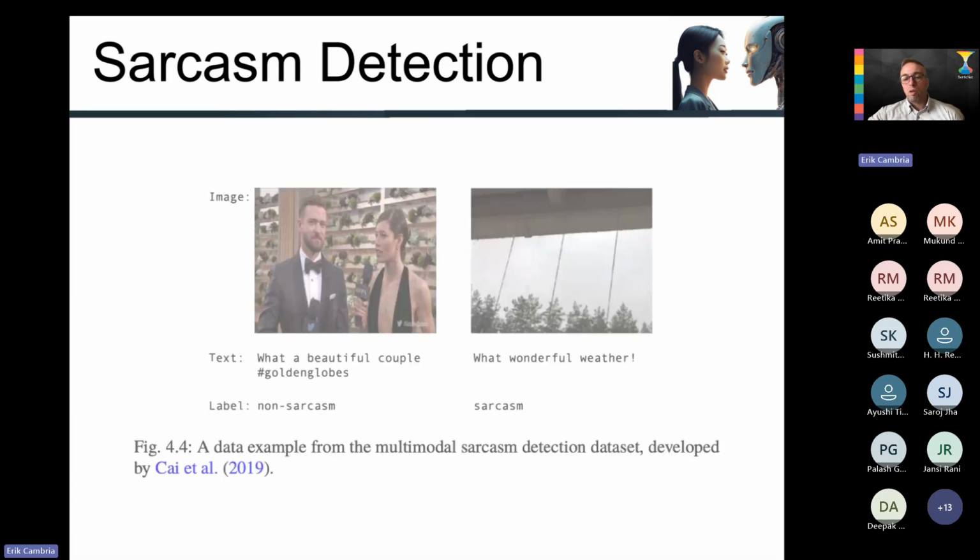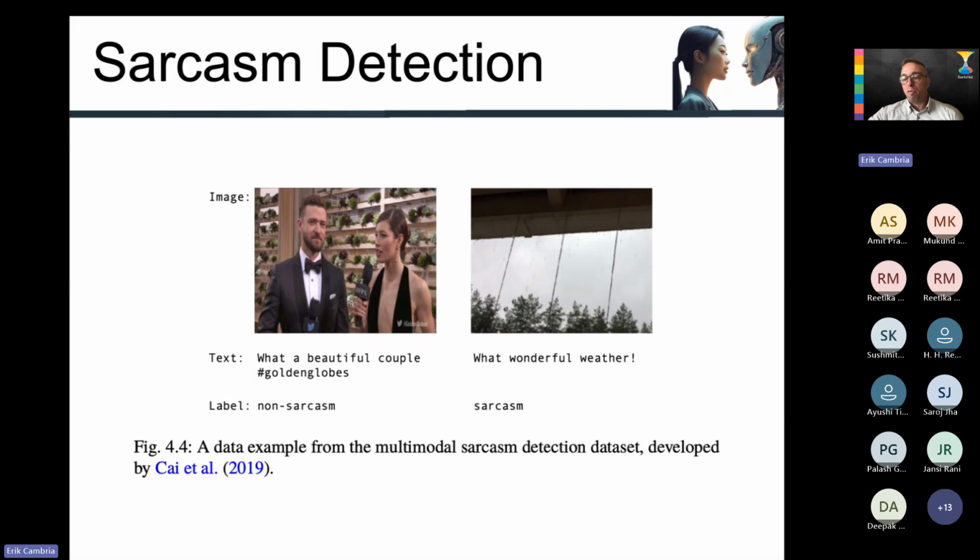That's interesting because on top of detecting sarcasm in general in communication, it's also very interesting to look at how different modalities can result in sarcasm when separately they are not. If you take this piece of text alone or this image alone, per se, they don't have any sarcasm.